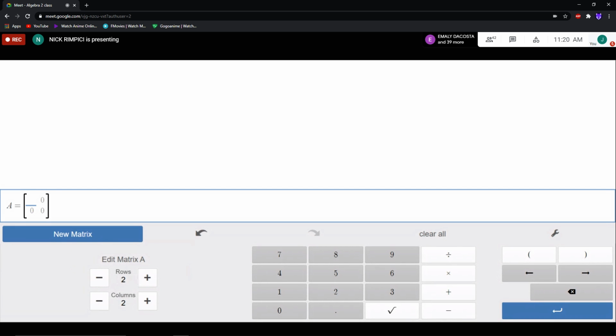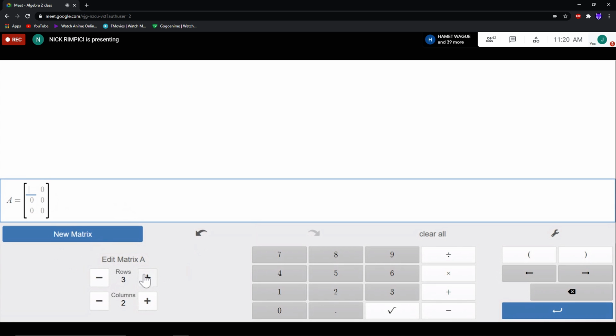We have 3 equations, so I need 3 rows. Just change it to 3. And then we have X, Y, Z, and the solution, so I need 4 columns: a column for X, a column for Y, a column for Z, and a column for the solution value. So once I have my 3 by 4, I'm ready to put the information in.